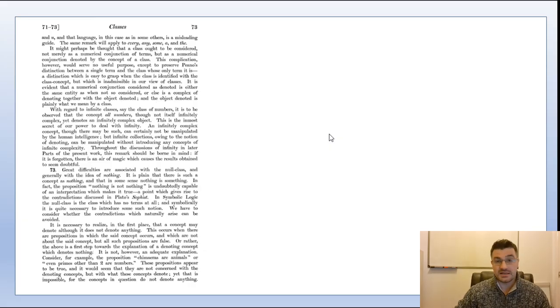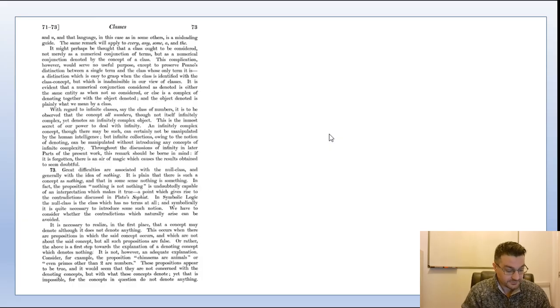It is interesting to consider, I guess, on some level, whether there are infinitely complex objects which are not capable of being denoted. And what do we make of those? Or they're not capable of being denoted by some finite denoting concept. I don't know what the answer is to that.